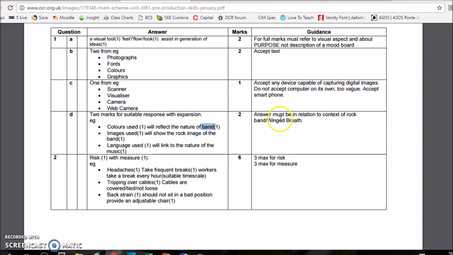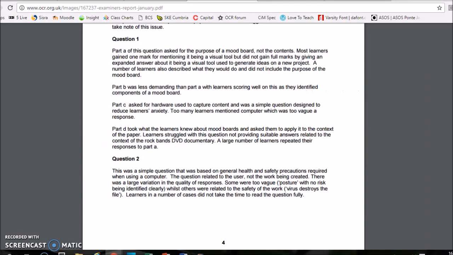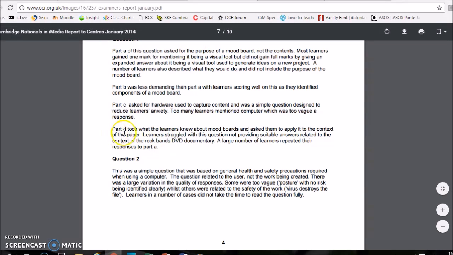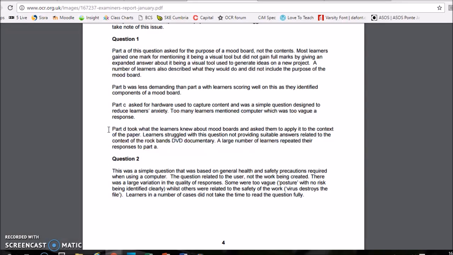And it does say here the answer must be in relation to the context of Winged Breath. And that's backed up by part D here of the examiner report. It's about applying it in context. And it does say that learners struggled, so candidates didn't do very well at this, because it's not about something random.